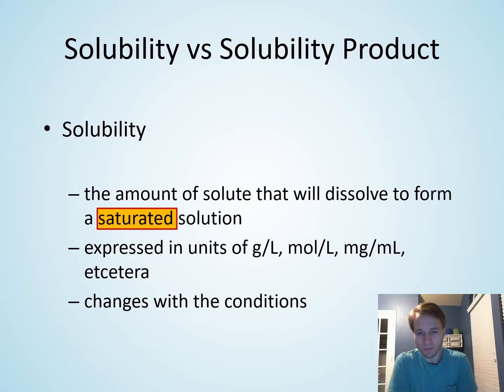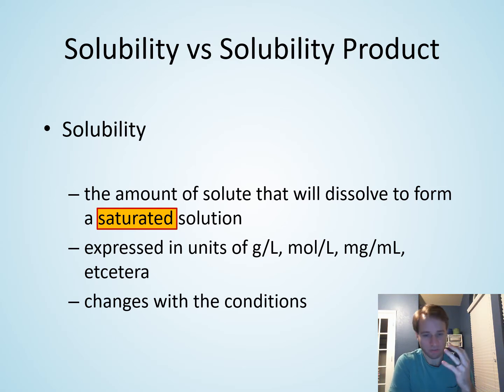So what does Ksp tell us about solubility? First, let's talk about the difference between solubility and solubility product, and then their relationship. Solubility we talked about back in chapter 13. We were talking about how much solute can dissolve in a solution to form a saturated solution. We often gave solubility in terms of moles per liter.